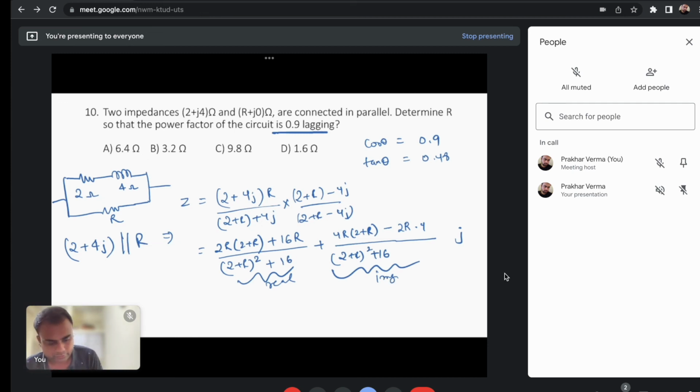We know tan theta is 0.48, so 0.48 is equal to imaginary by real.